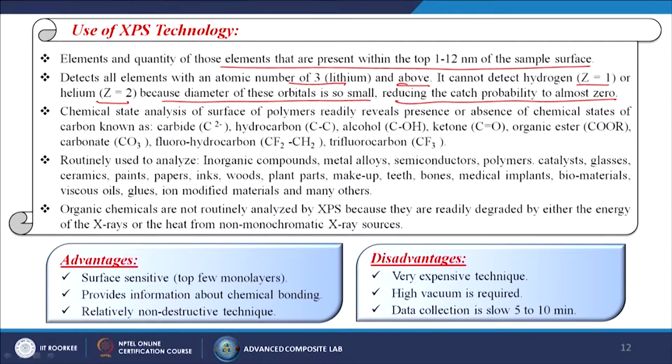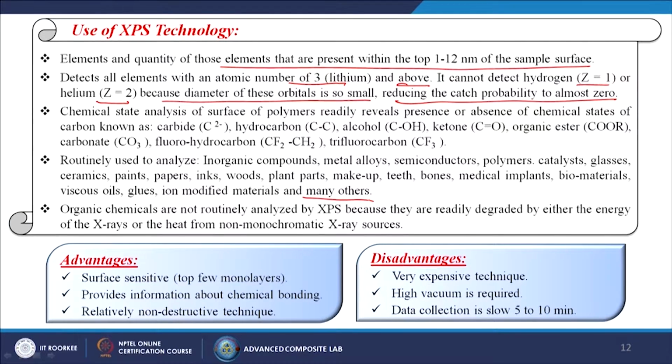Chemical state analysis of the surface of polymers readily reveals the presence or absence of chemical states of carbon known as carbide, hydrocarbon, alcohol, ketone, organic ester, carbonate, fluorohydrocarbon or trifluorocarbon. It is routinely used to analyze inorganic compounds, metal alloys, semiconductors, polymers, catalysts, glasses, ceramics, paints, papers, inks, woods, plant parts, makeup, teeth, bones, medical implants, biomaterials, viscous oils, glues, ion modified materials and many others.